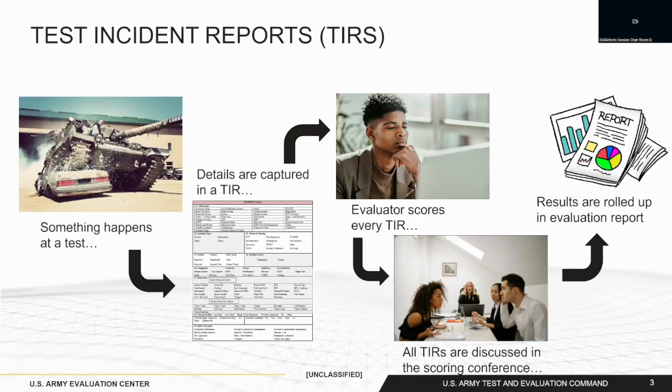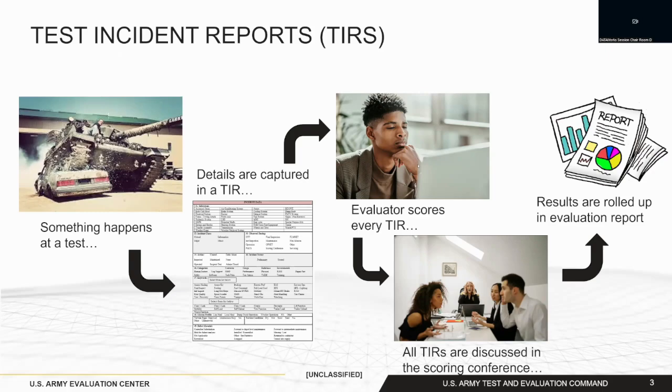As they get uploaded, the evaluator from the Army Evaluation Center under ATEC has the chance to review all of them, and we'll review each of them and assign scores to them depending on their severity, their causality, their classification. At the same time that the evaluator is doing it, there's also a representative from the program manager and a user representative who are also doing the same thing.